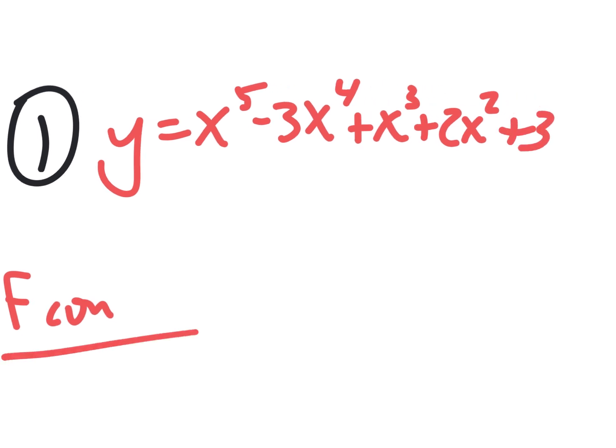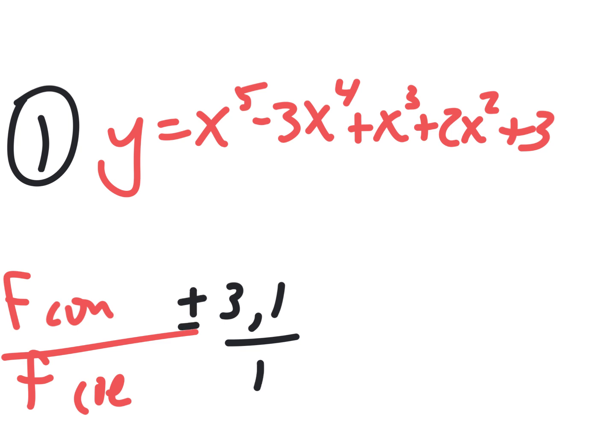Now, the factors of the con over the factors of the co. Factors of the constant are 3 and 1. Factors of the coefficient, just 1, plus and minus in front of that. So there's 4 things I could check. I think, right? All right. So let's just check 1 first.